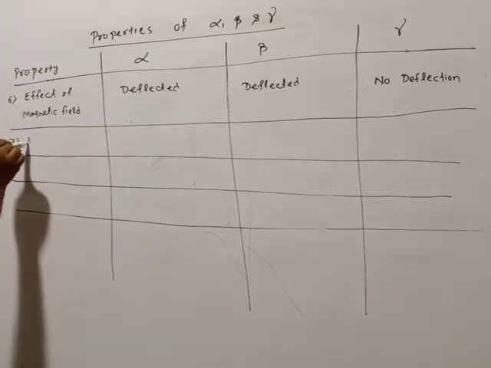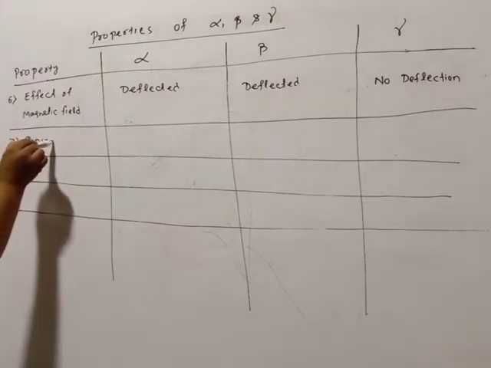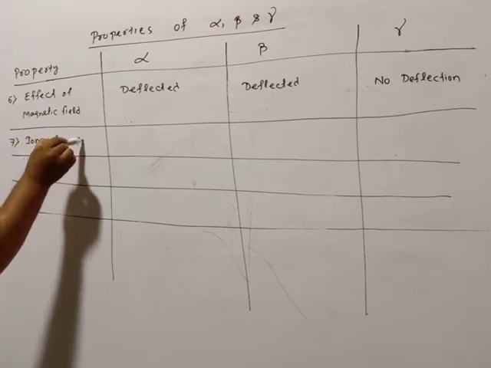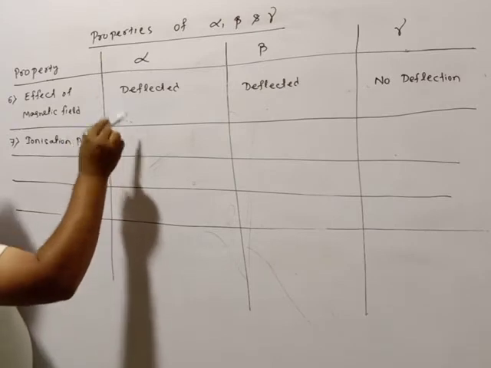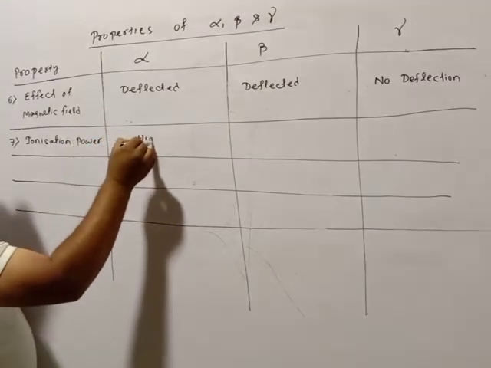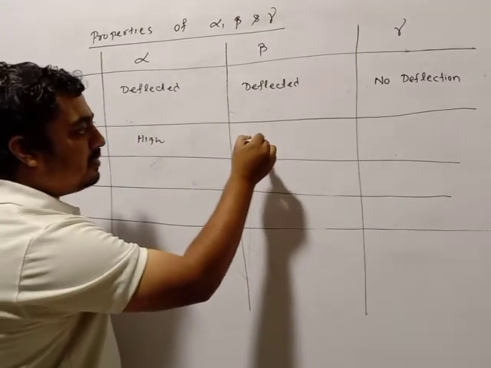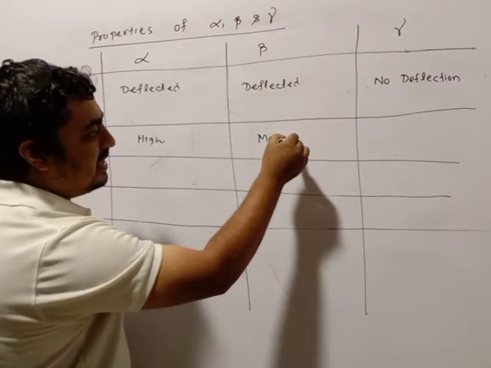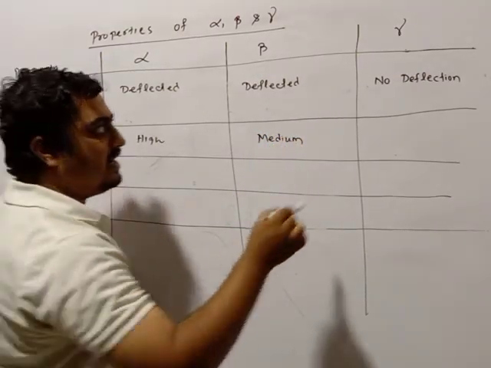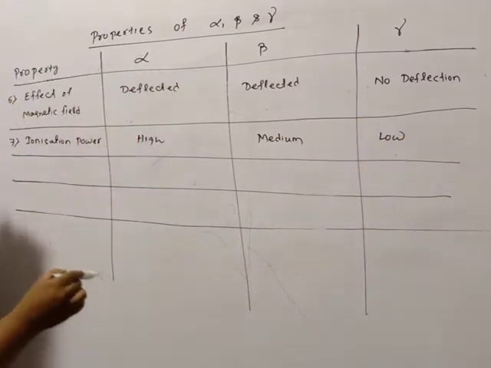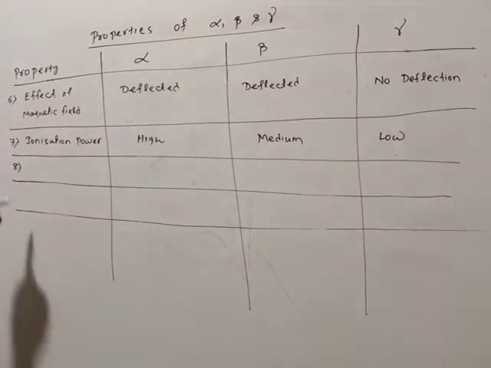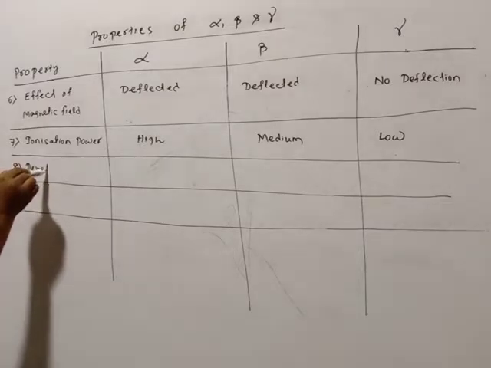Next, ionization power. The ionization power of alpha is high. Ionization power of beta is medium or moderate. The ionization power of gamma is low. Next, penetration power.